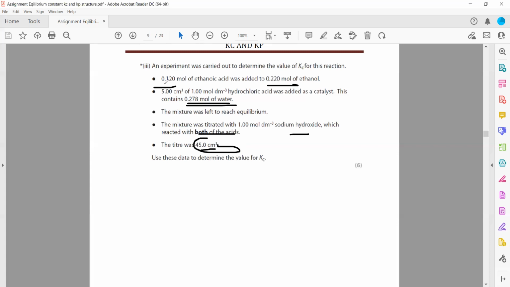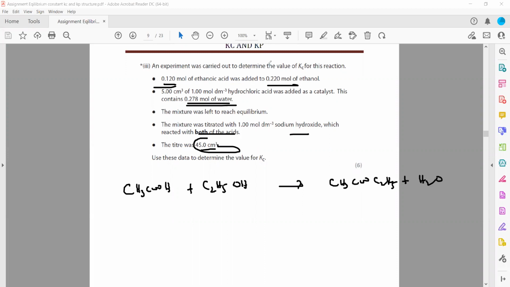So the initial moles are 0.12 and 0.22. Ethanoic acid plus ethanol, C2H5OH, gives ethyl ethanoate, CH3COOC2H5, plus water, H2O.